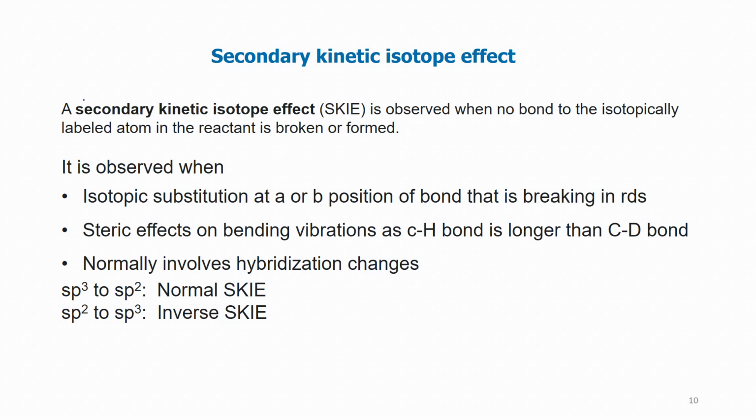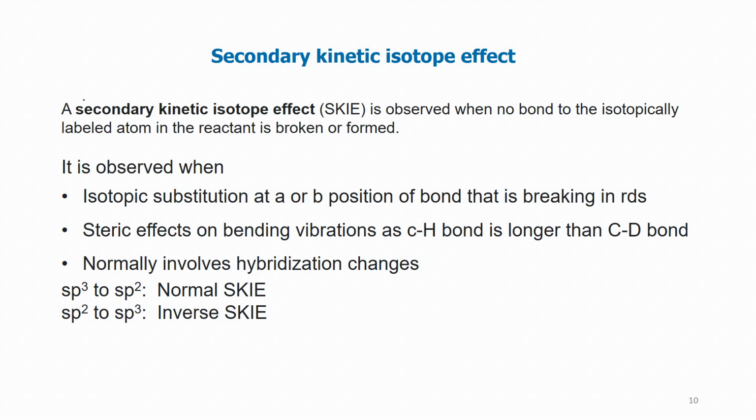What does it mean? Suppose a reaction where carbocation gets generated, but to compensate that one, when any CH bond is broken, that is not getting broken at the rate determining step. In that case, the presence of the CH bond or the CD bond will affect the reaction, but not as much as primary kinetic isotope effect.